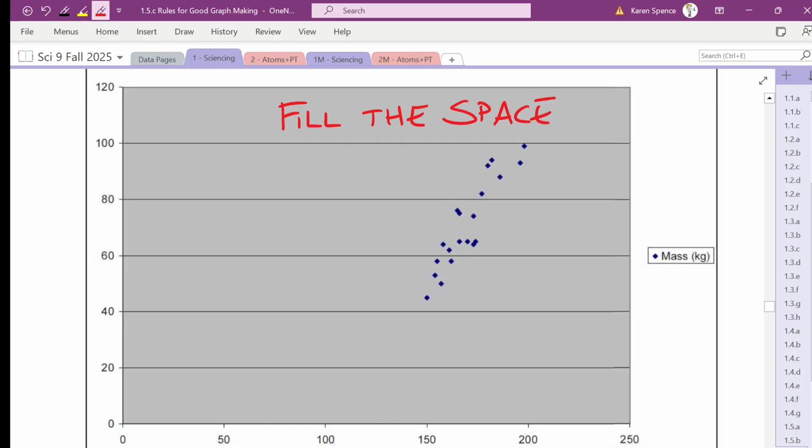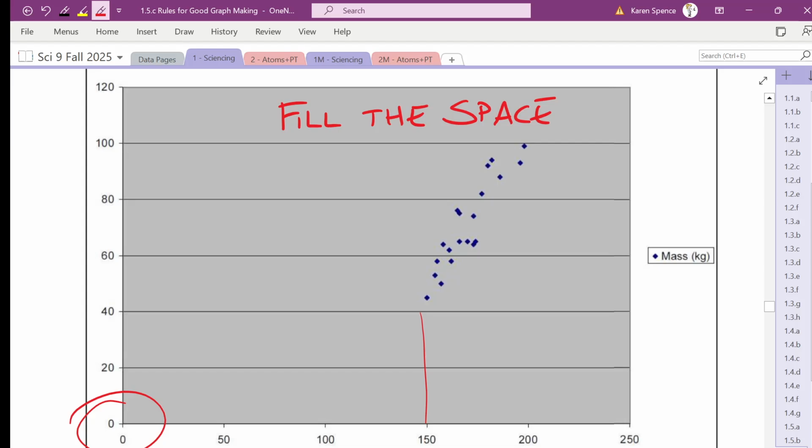But how are you going to fill the space when you don't have any points down here near 0? You don't have any points until you get to like 150.